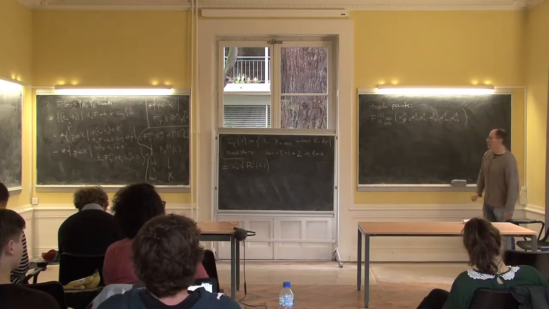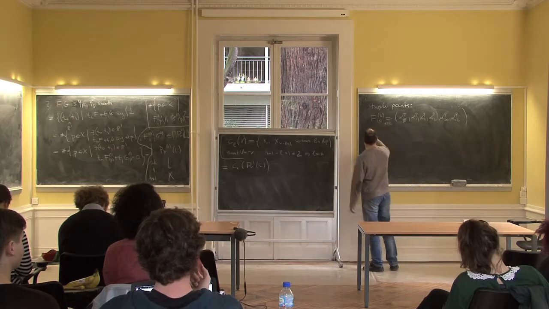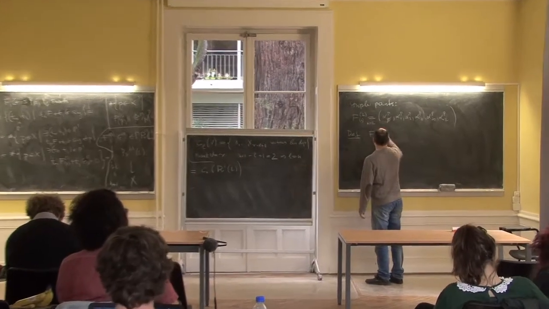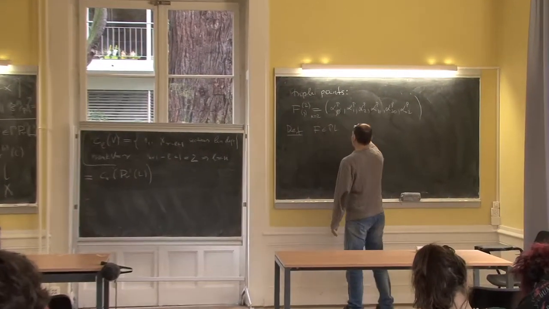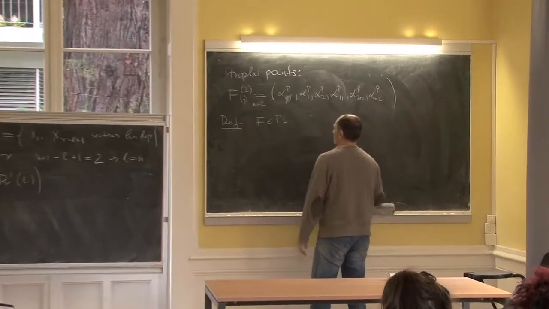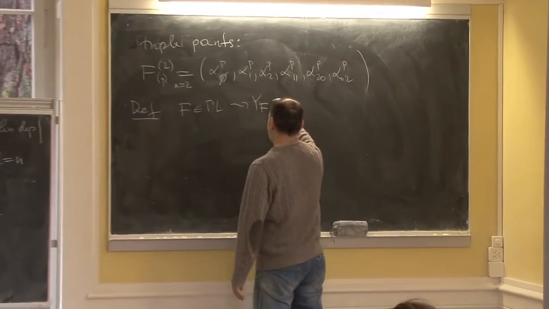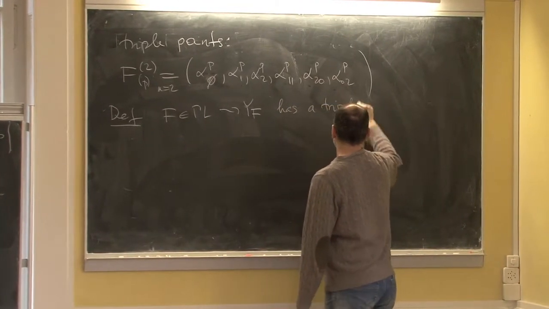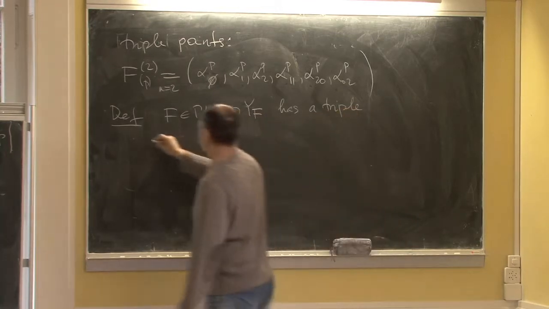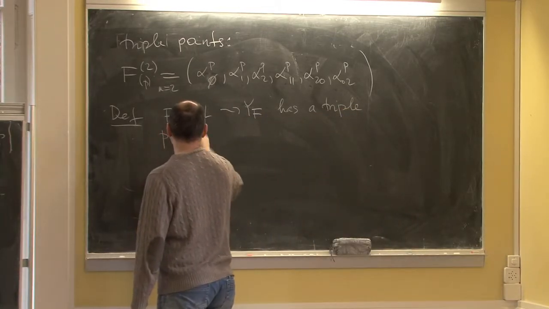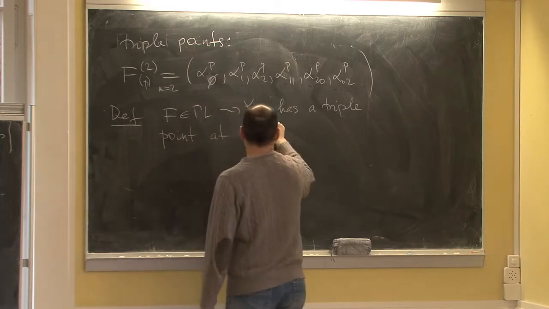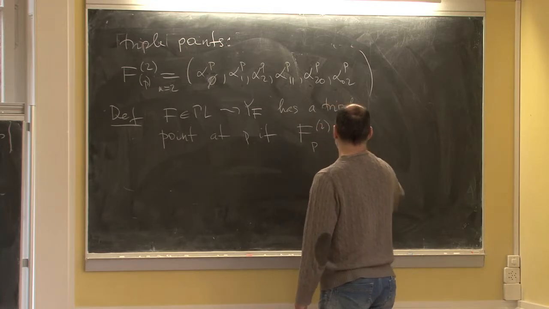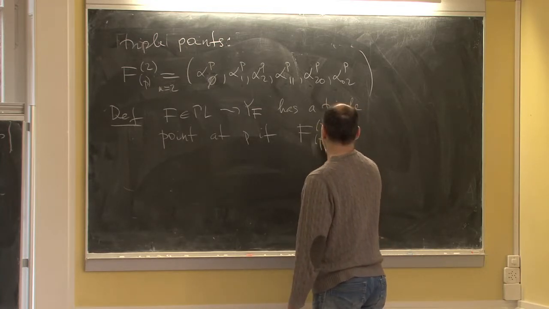So it's the same picture. And then again, it's a definition: you say that this F gamma L, or rather, you say that Y_F, the variety that it defines, has a triple point at P if F_2 at P equals 0.